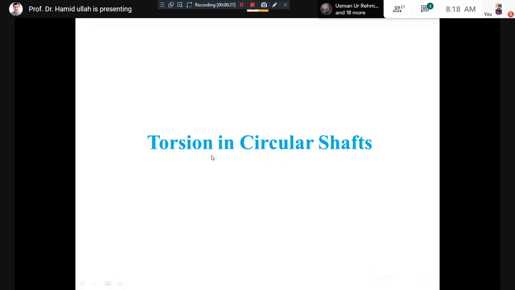After we cover torsion, we will go on to solving numerical problems related to this topic, and then we will move to a new topic in today's lecture.